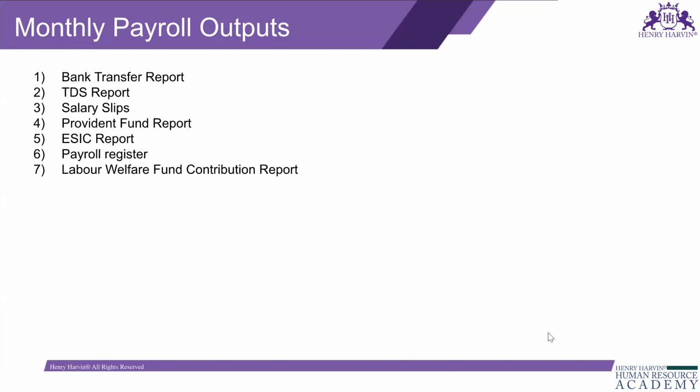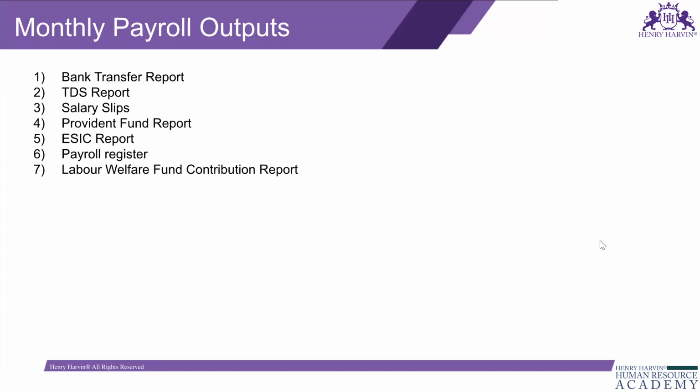Next is the payroll register. In the payroll register, you will have the employee's name, number, designation, PF number, ESI number, bank account number, basic salary, HRA, medical allowances, transport allowances, special allowances, so every split up of the salary.